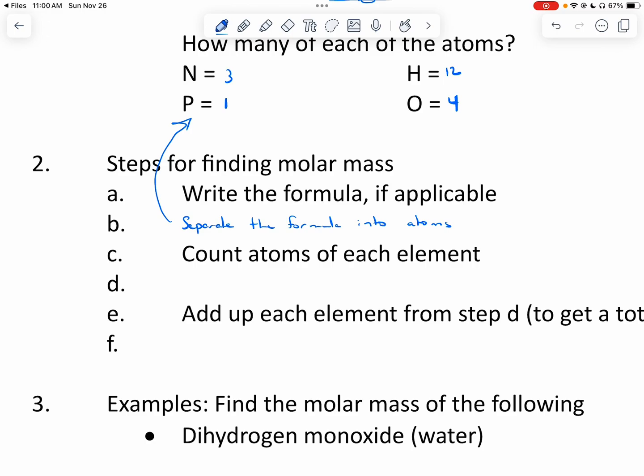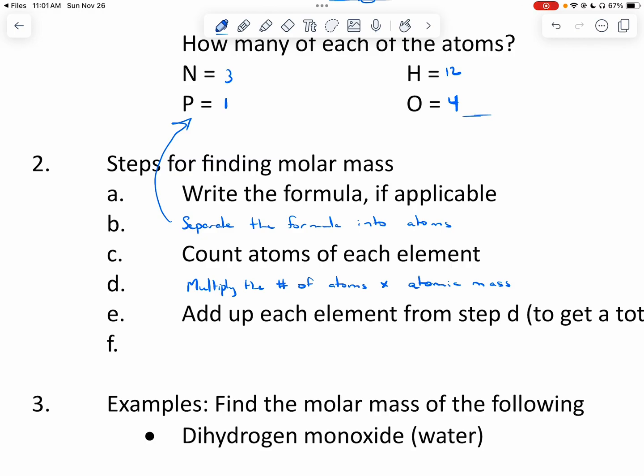Then D, we're going to multiply the number of atoms by the atomic mass. Remember, the atomic mass is what we can find on the periodic table. So however many we have, if we were doing this one up here, we would take 4 times 15.999 for oxygen.